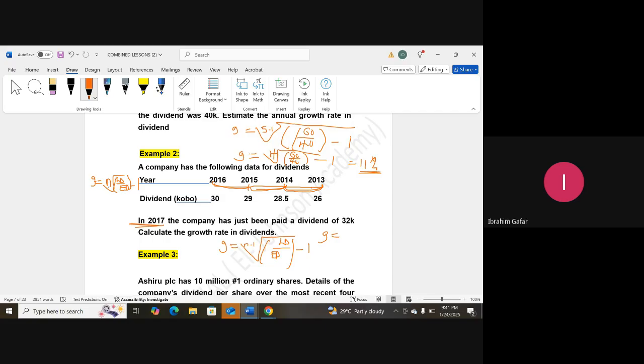Then I will put 4. Are we there? Yes, sir. Then if I consider counting 1, 2, 3, 4 plus the current year they pay, making 5, then I will say 5 minus 1. That is still 4. Are we on the same page now?